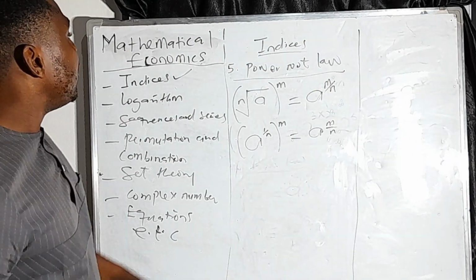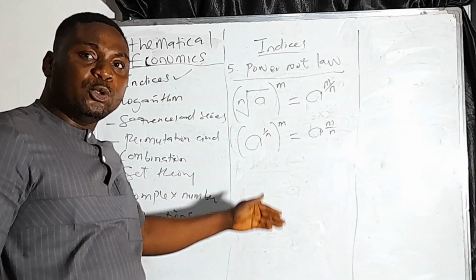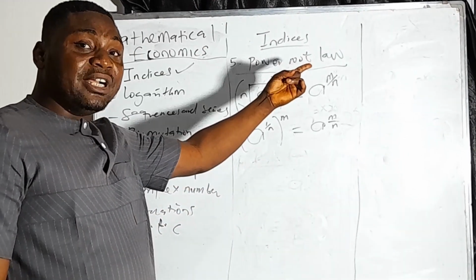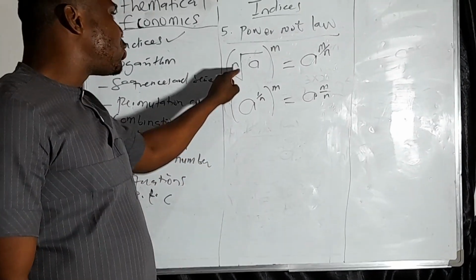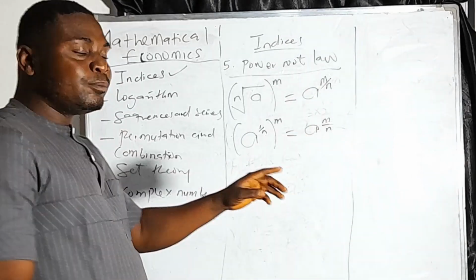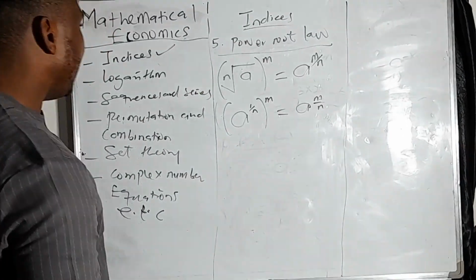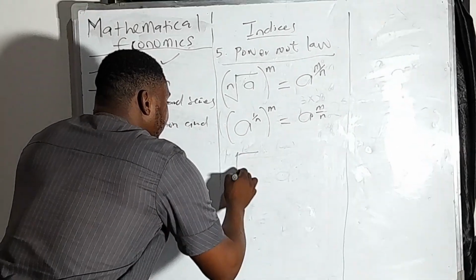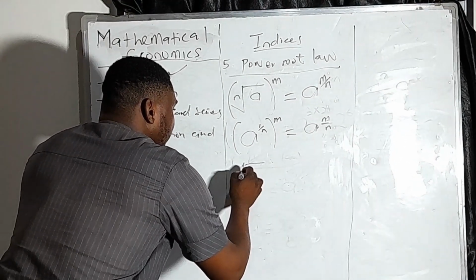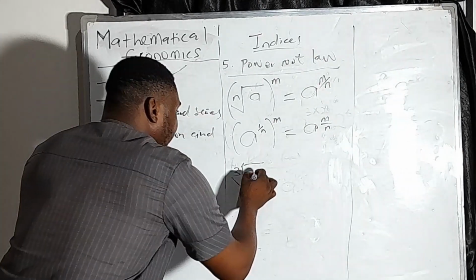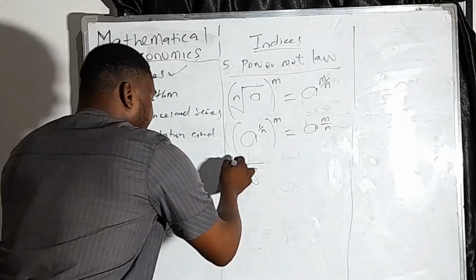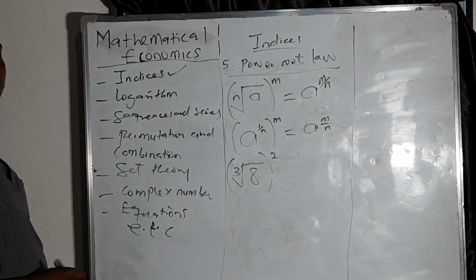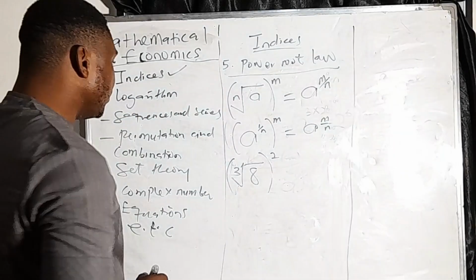So in the situation whereby you have both the power and the root on an indices, the power will serve at the numerator while the root will serve at the denominator, and both will serve as the power of the indices. For example, the cube root of 8 all raised to power of 2.